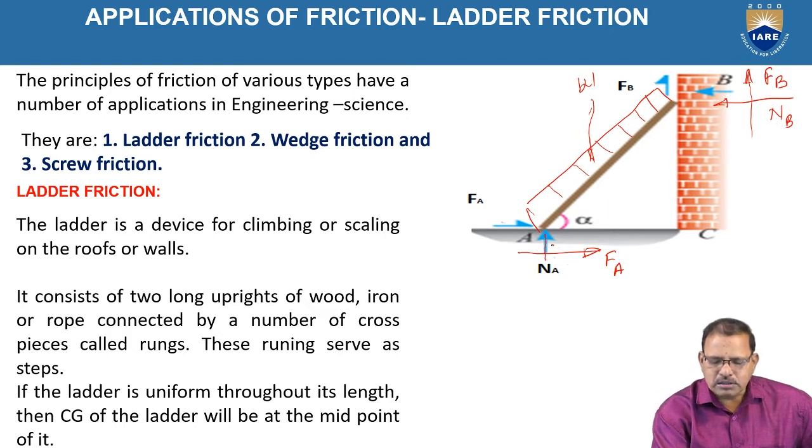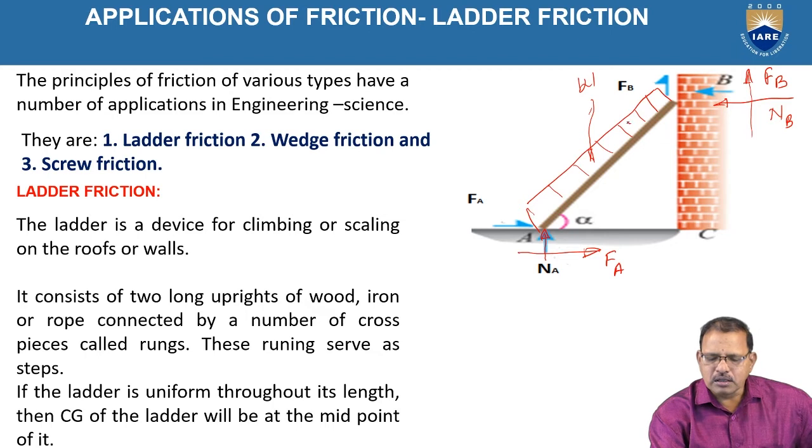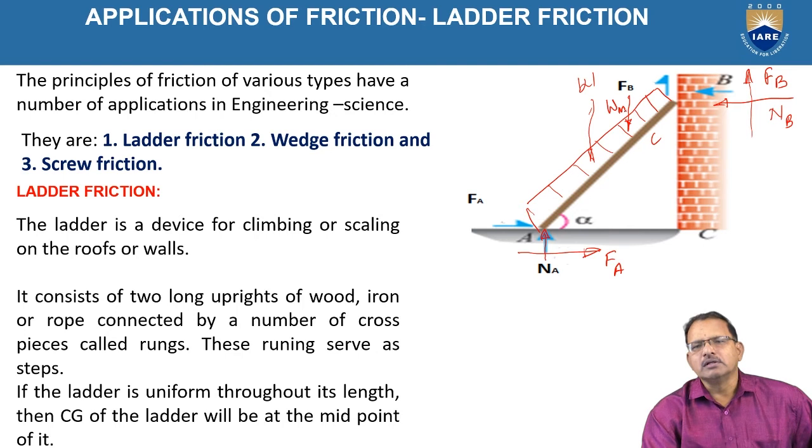And the normal reaction is perpendicular to the surface, N2. But the ladder generally will slide downward when the person is going up. Assume at a point C the person is there, at which the ladder is about to slide in a downward direction.